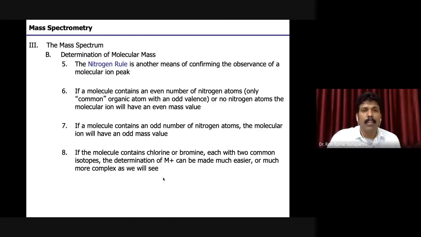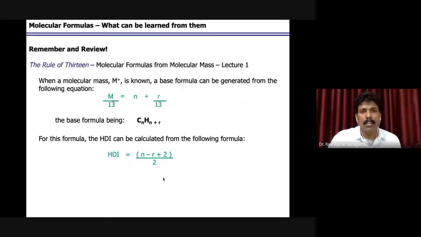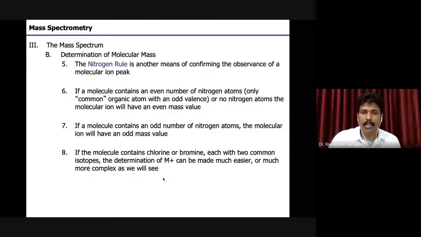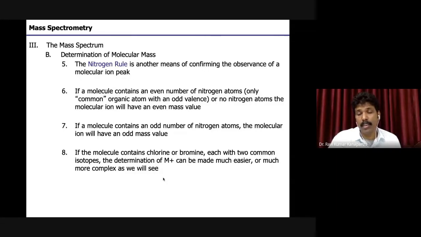Now, I'm trying to explain the general rules that can be applied to find out whether a particular peak is a molecular ion peak or not. The nitrogen rule is one thing. Another is the isotopes that we have discussed.